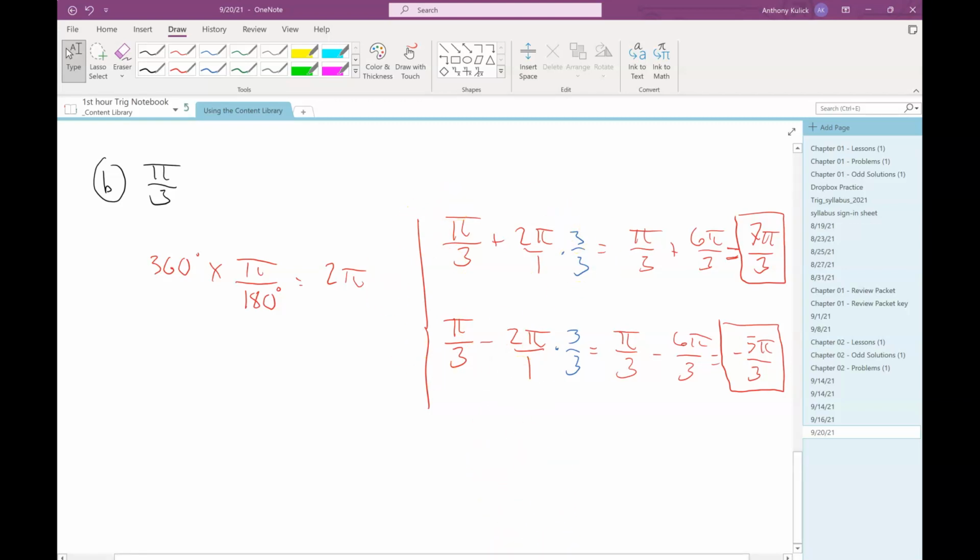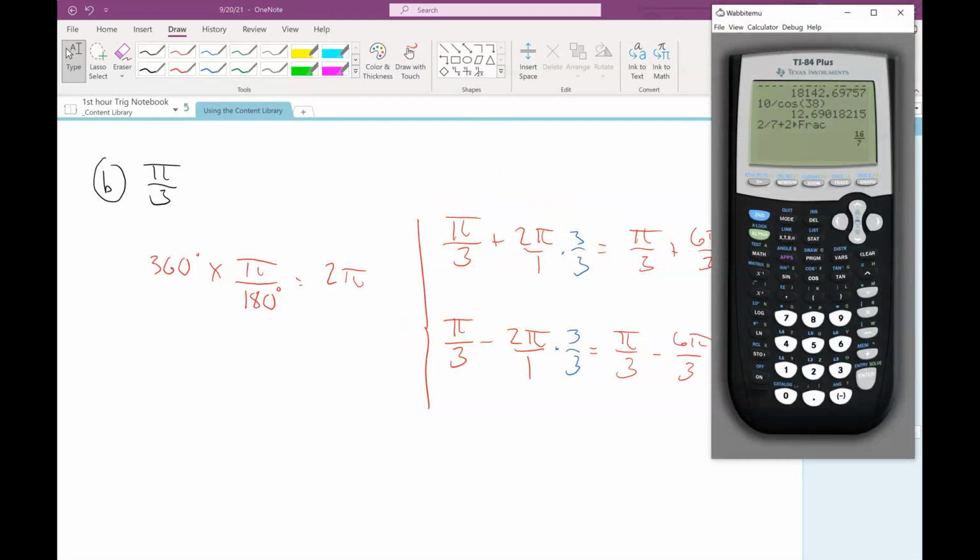Just as a little reminder, if we struggle with adding and subtracting fractions, or if it's too time consuming for you, you can always do this kind of thing on the calculator if you just leave off the pi's. So instead of pi over 3, I'll just do 1 over 3. And instead of 2 pi, I'll just add 2.